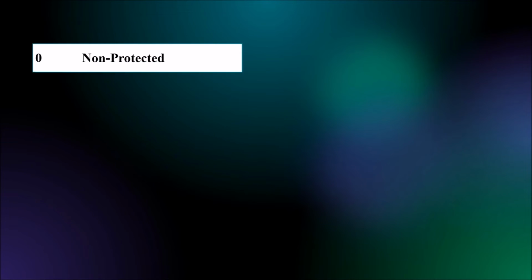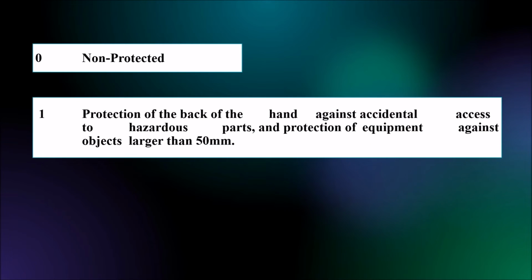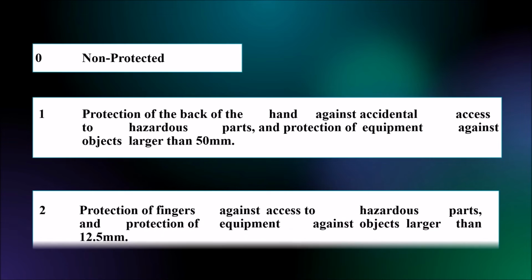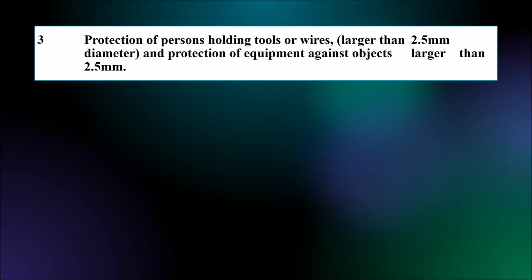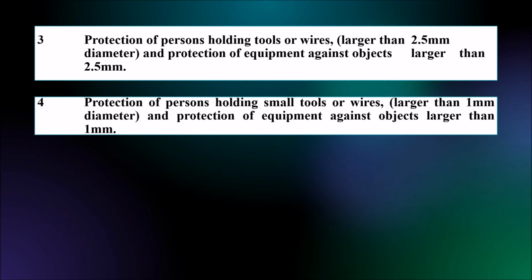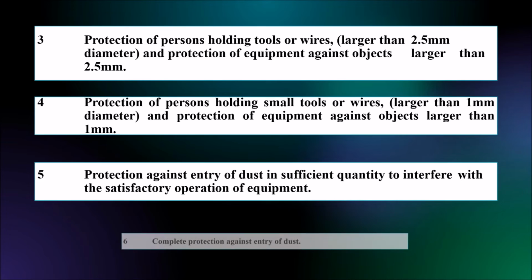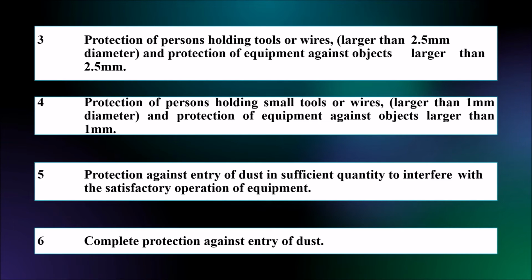The first digit ranges from 0 to 6. 0 means no protection. 1 indicates protected against solid foreign objects of 500 mm in diameter and greater. 2 represents protection against solid foreign objects of 12.5 mm in diameter and greater. 3 represents protection against solid foreign objects of 2.5 mm in diameter and greater. 4 represents protection against solid foreign objects of 1 mm in diameter and greater. 5 is dust protected, and 6 represents complete protection against the entry of dust.